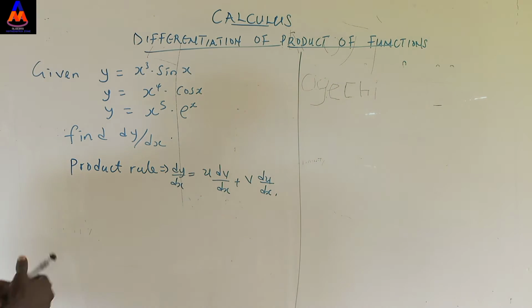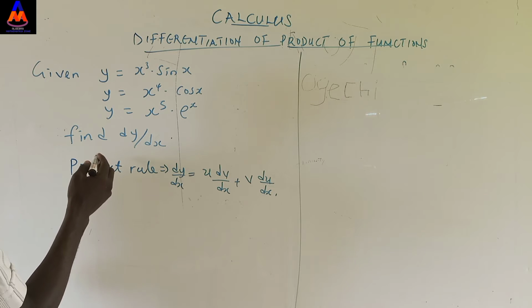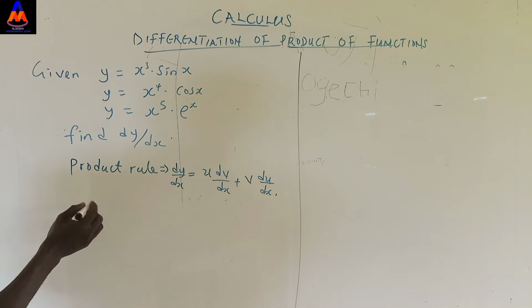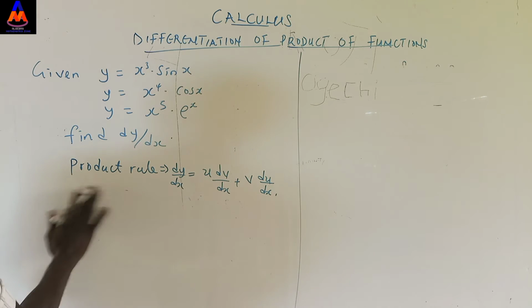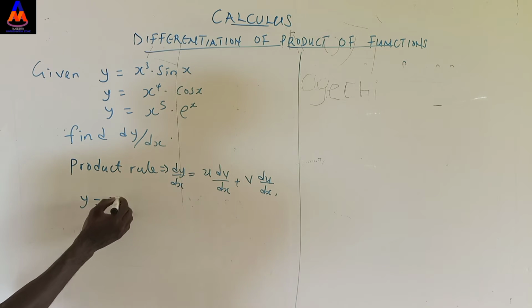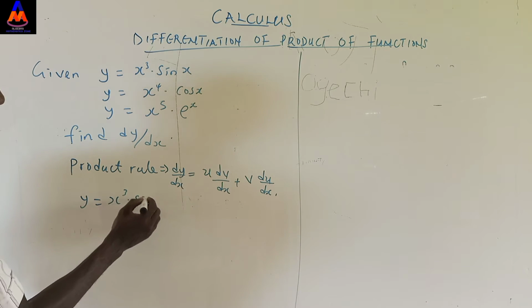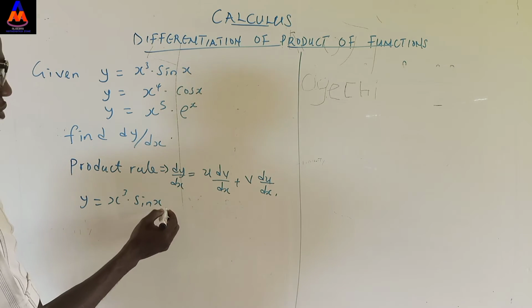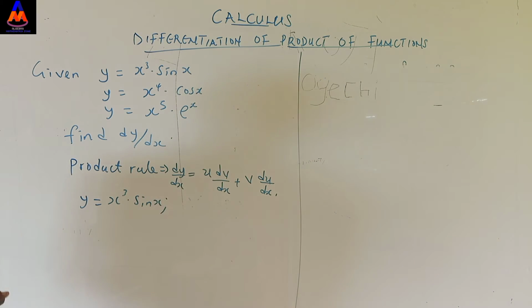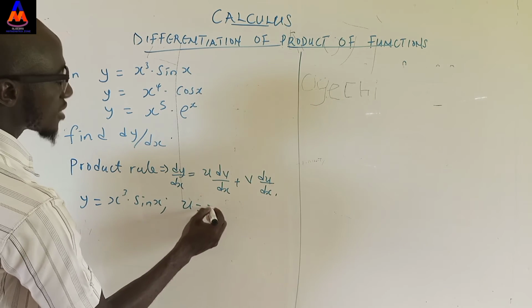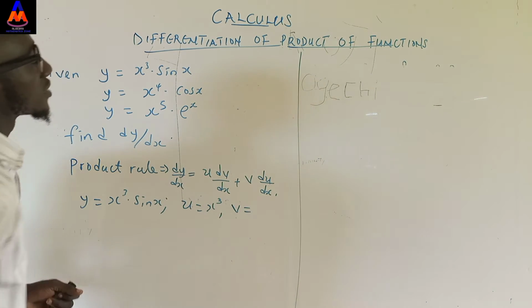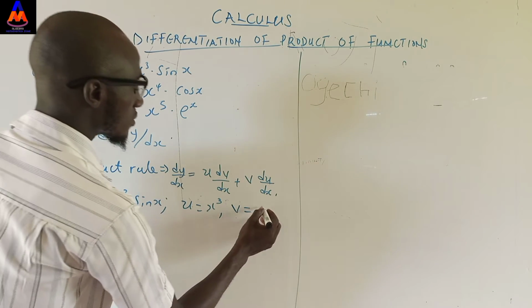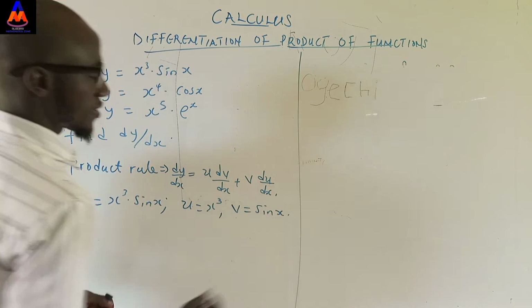So let's implement this now. Our u will be the first function. My y is s raised to the power 3 sine x. So all we need is the input from here. My u is s raised to the power 3. My v is sine x.